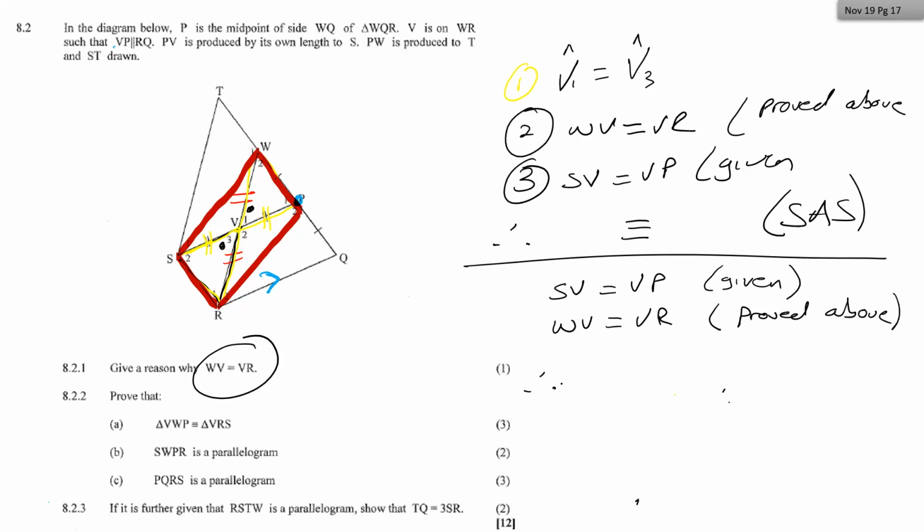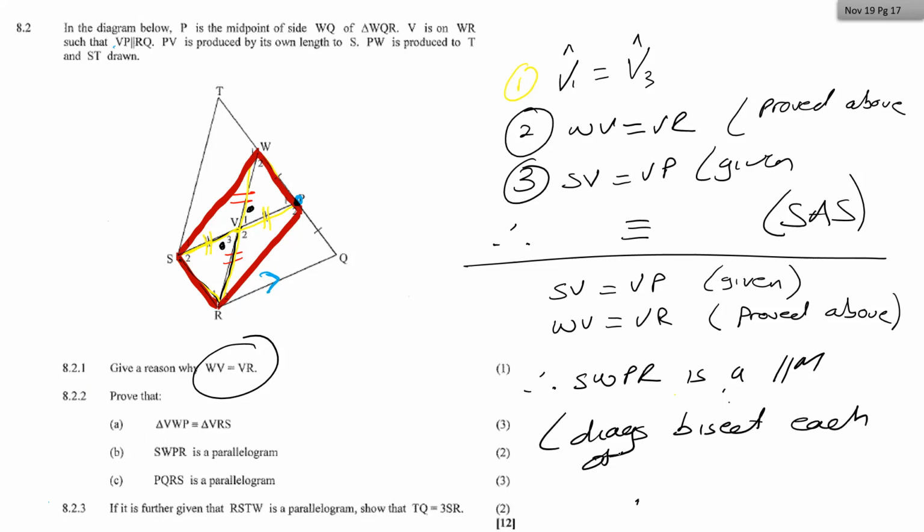And therefore, we can conclude that SWPR is a parallelogram. And the reason we're using is that the diagonals bisect each other. We're actually using the converse of that. What the converse means, if the diagonals bisect each other, then it is a parallelogram.